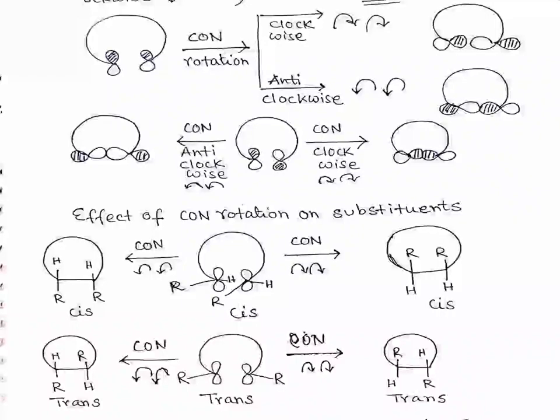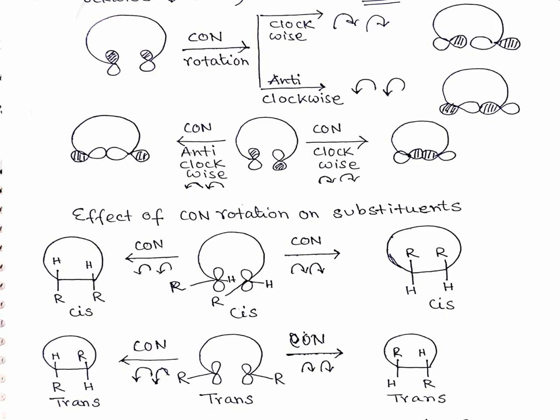So with this we have covered all the conrotation and the disrotation for the conjugated pi systems having similar type of lobes at the two ends and dissimilar type of lobes at the two ends. That is the pictorial representation.